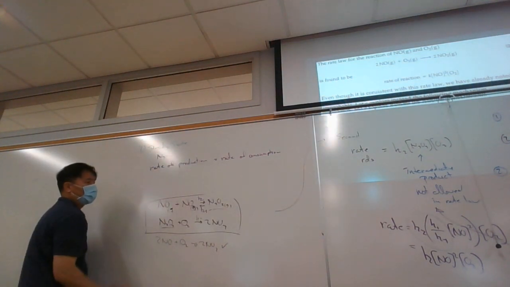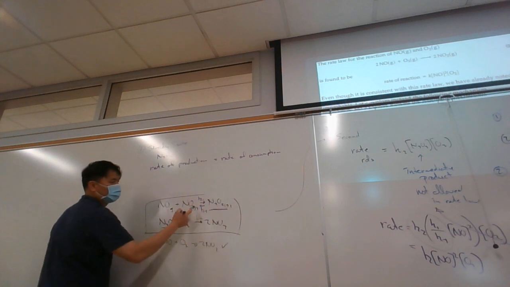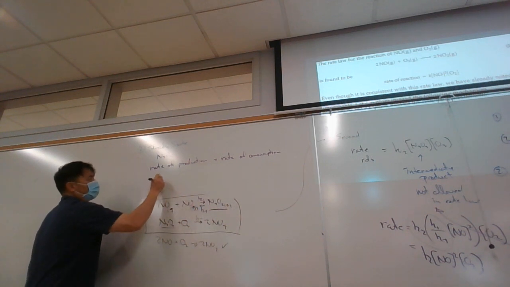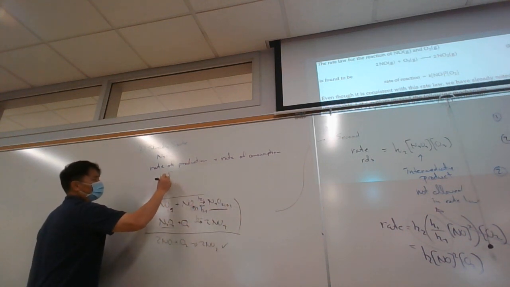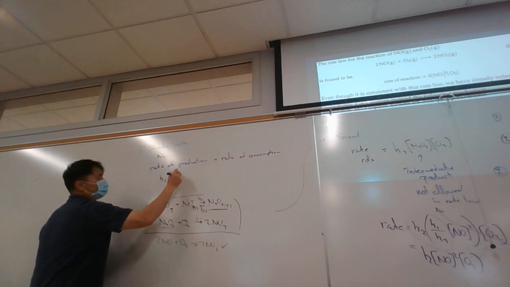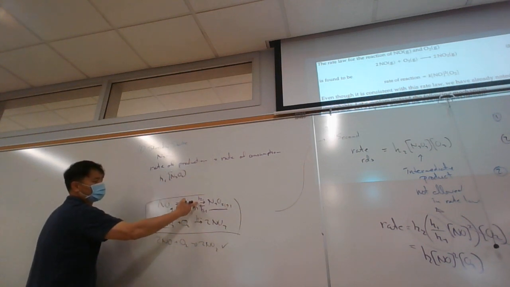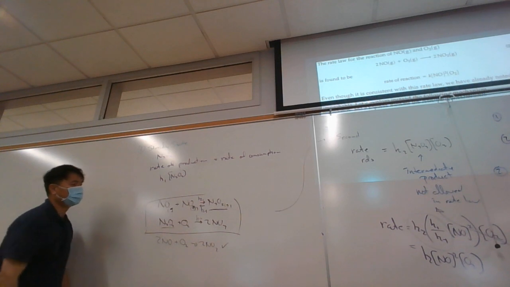And so how do we form N2O2? N2O2 is only formed from K1. And so that's K1 times NO squared. We're saying the first reaction is reversible, the second one is just one way.